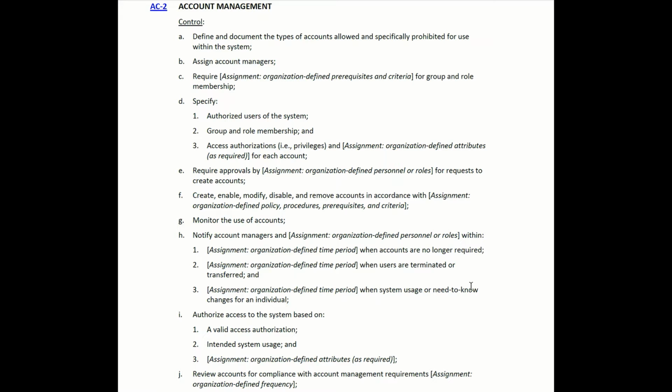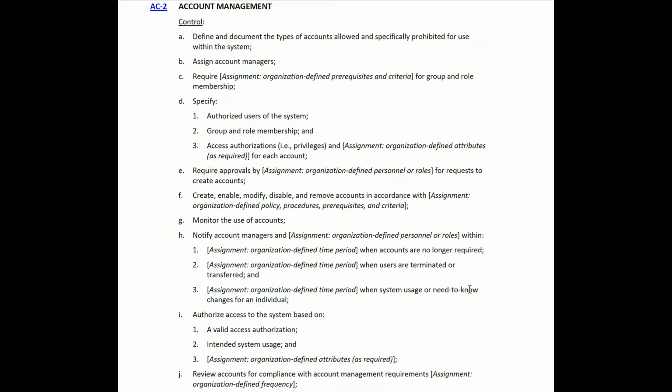And when the person's level of access or need to know changes. So you could have access to the sales department or the HR department folder, right? That's for all the members of HR. But maybe certain members of the HR department have access to the payroll folder within the HR folder. So that's their need to know. That's their level of access.